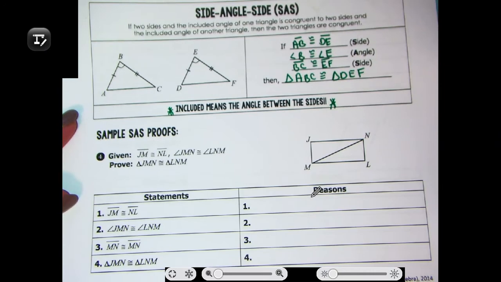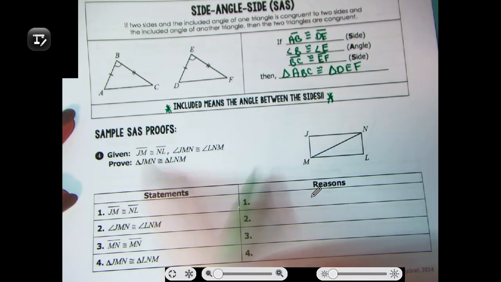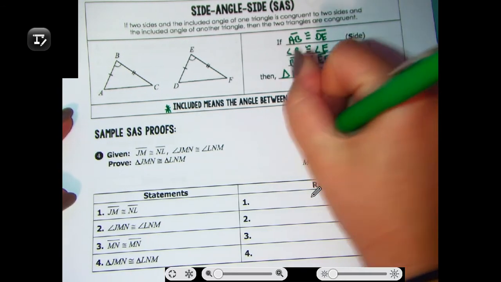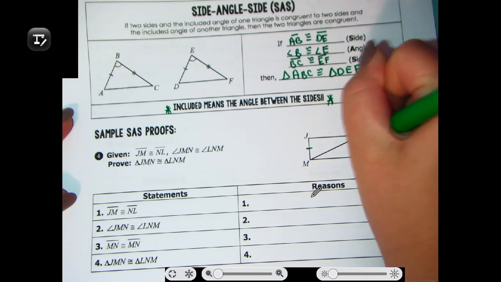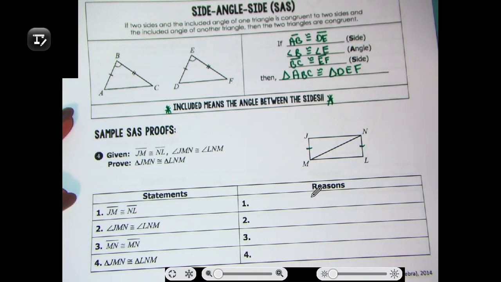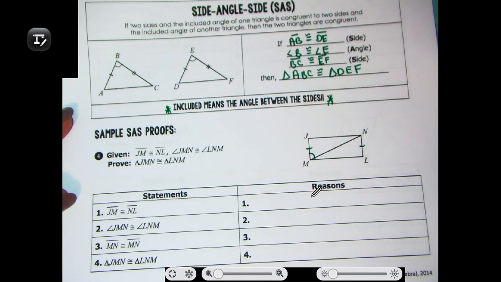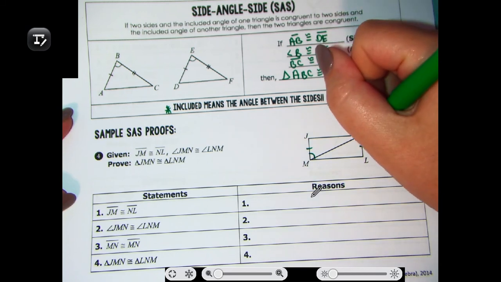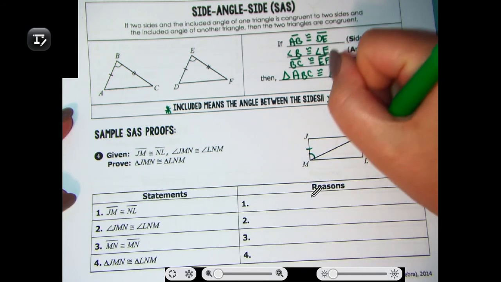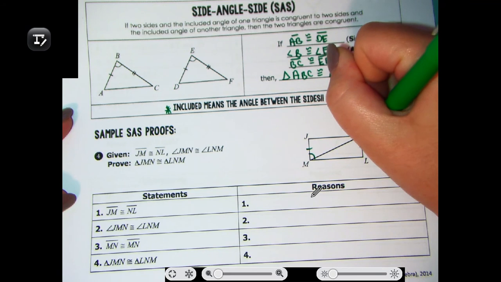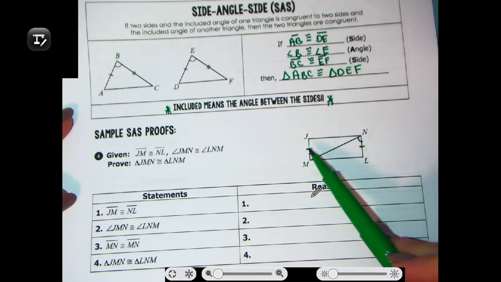So let's label those on our diagram. It says JM is congruent to NL. Okay, so I'm going to label that. And then it gives me angle JMN, this angle here, is congruent to LNM, so this angle right here. So you have this side and angle.